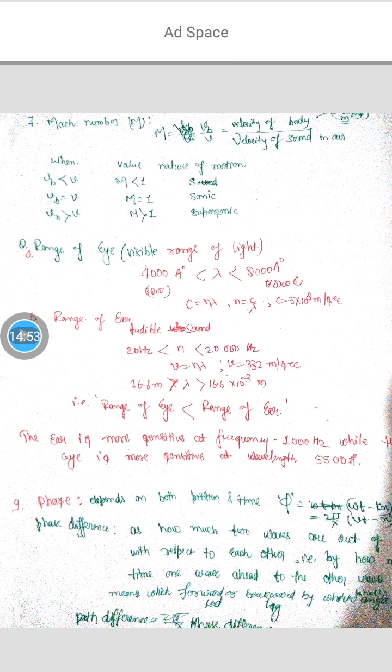A different characteristic is the Mach number, which tells which type of velocity it is.